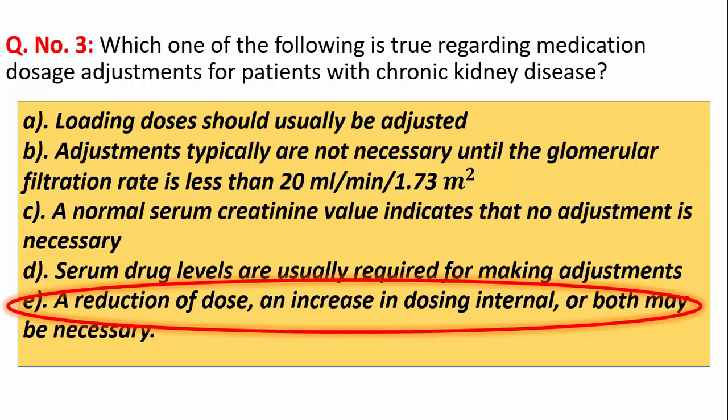Most medication adjustments require a reduction in the dose, lengthening of the dosing interval, or both. So serum drug levels are usually required is not the fact. Sometimes it may confuse, but this is the correct answer: a reduction of dose and increase in dosing interval, or both, may be necessary.